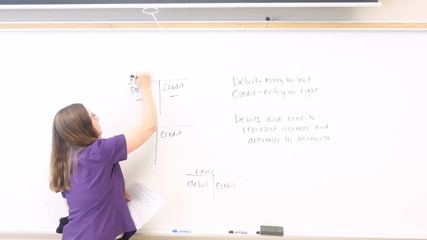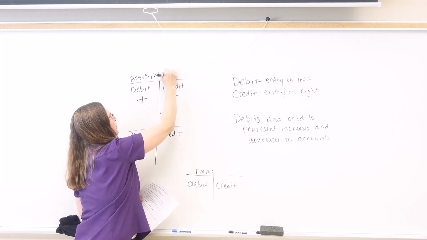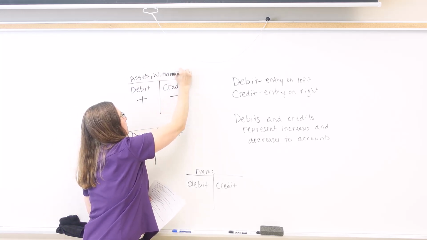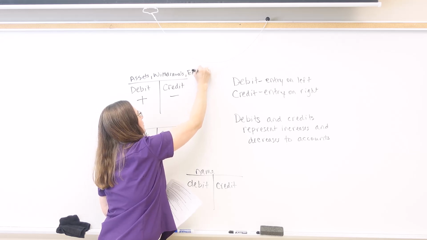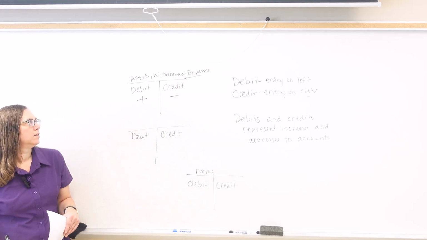So assets, draws or withdrawals, and expenses, we're going to add to them on the debit side.